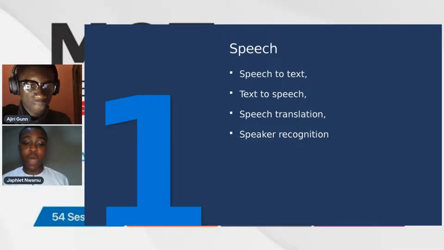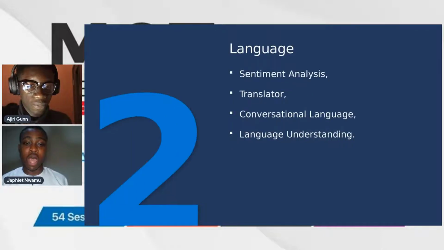Another amazing part of Azure Cognitive Services, which we also love to highlight, is the language service. In the language service, you have 5 different services, and I'll be highlighting 4 of them. First, sentiment analysis.